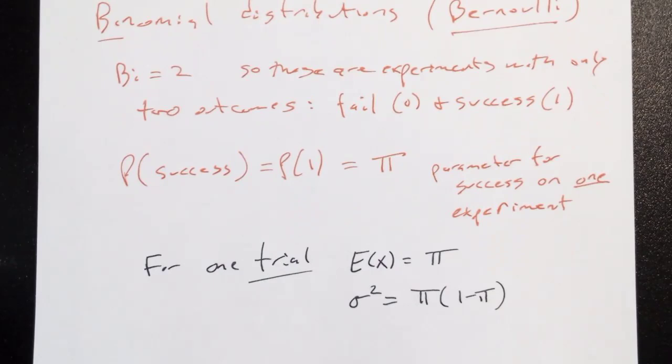This fail we coded as 0. So this is my average, my expected value. My variance is just the product of those 2 things.